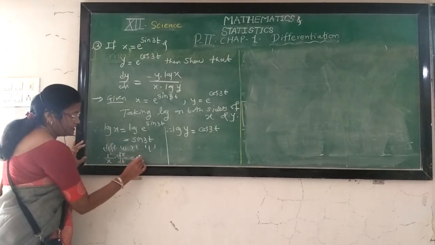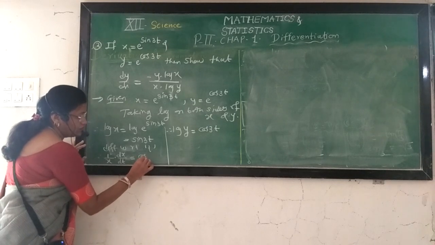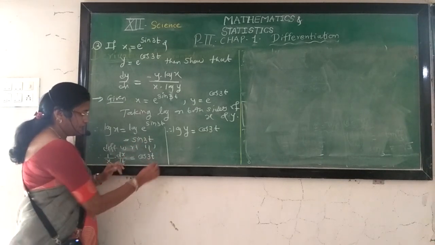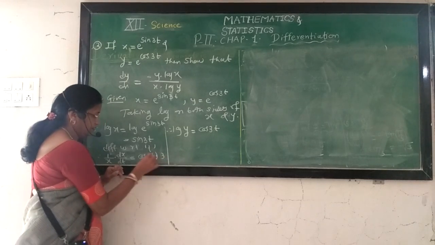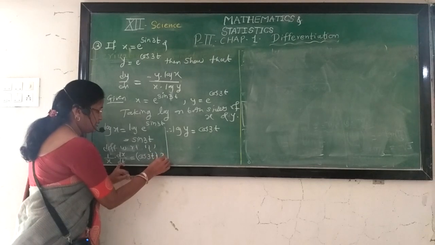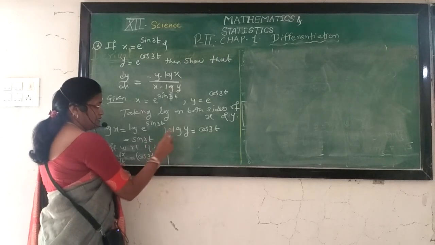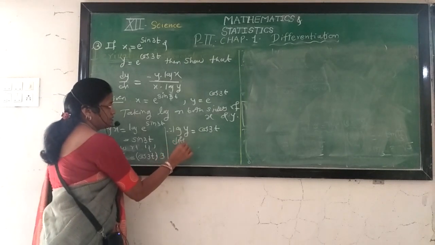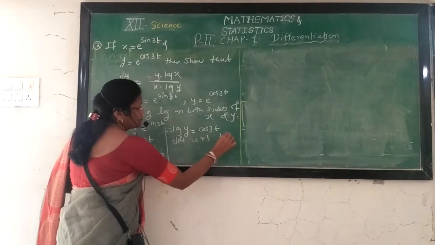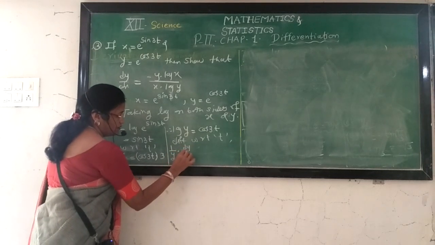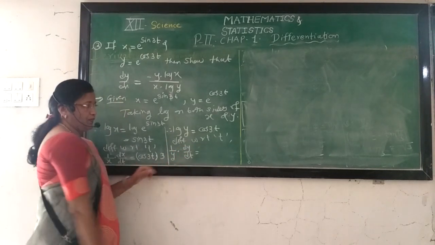The derivative of sin t is cos, but the angle is 3t instead of t, so we multiply by 3, cos 3t multiplied by 3. In a similar manner, differentiating log y with respect to t, the derivative of log y is 1 upon y dy by dt.